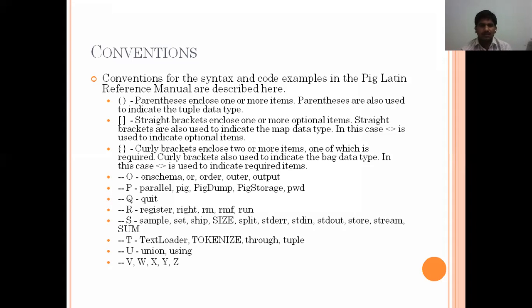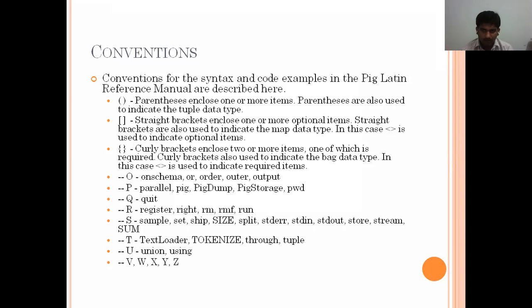That is the simple meaning. What is the particular representation we have to do? For example, we are giving parentheses and brackets. What is the use of parentheses? Parentheses are used to indicate the tuple data type. Square brackets are used to mention the map data type. Curly braces are used to mention the bag data type.